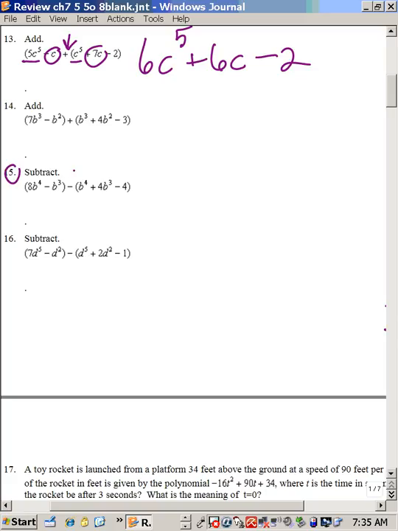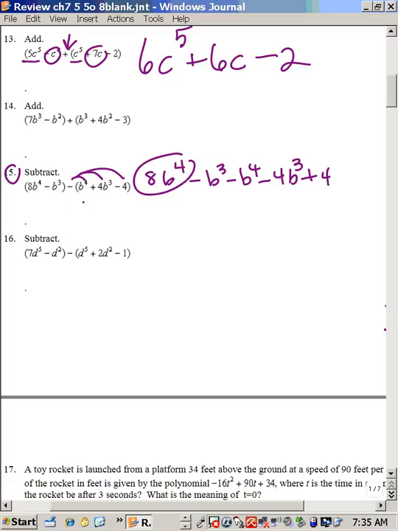Number 15 has a subtraction sign. I have to distribute the subtraction to each term. So that's going to be 8b to the 4th minus b to the 3rd minus b to the 4th minus 4b to the 3rd and plus 4. Putting it in standard form, just start with the highest exponent and work your way down. There are no other b to the 4th, so this is going to be 8b to the 4th, then minus b to the 3rd.